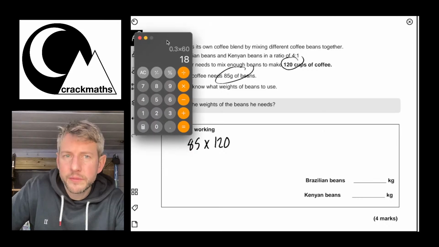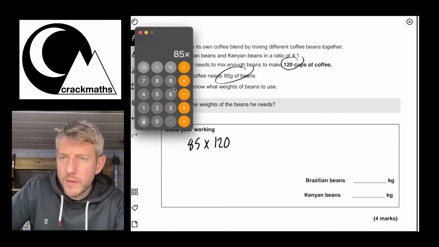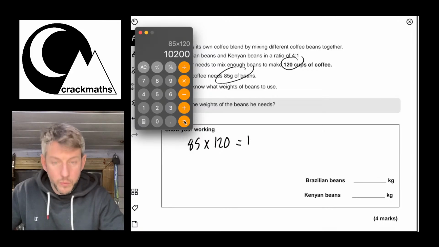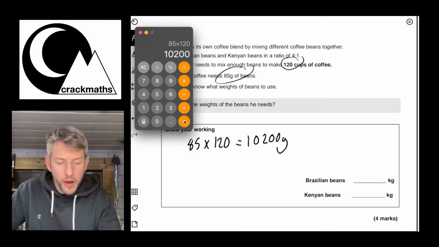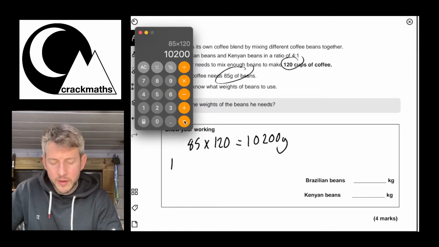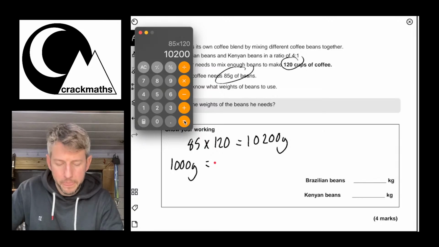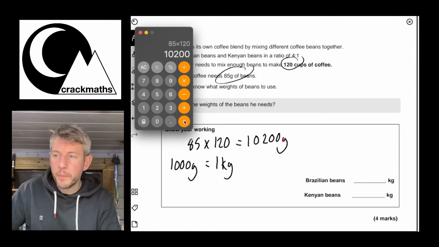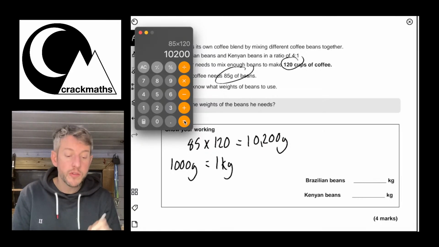So here we go. 85 times 120 equals 10,200 grams. Okay, now I know that 1,000 grams equals 1 kg. And if I read this number in the thousands way, I would say that this number is 10,200.